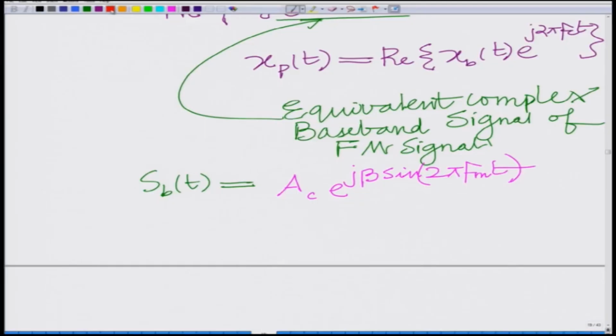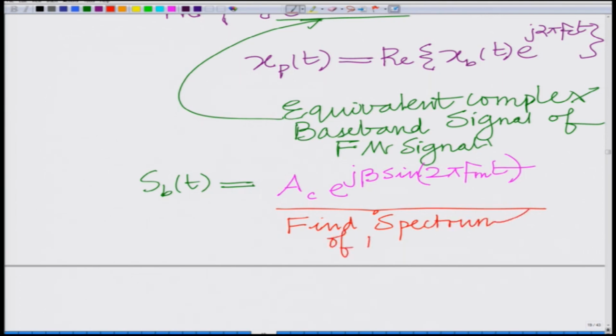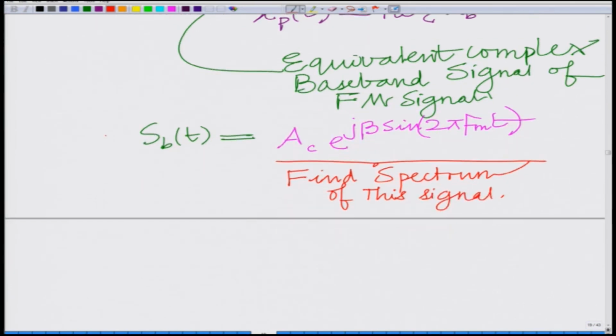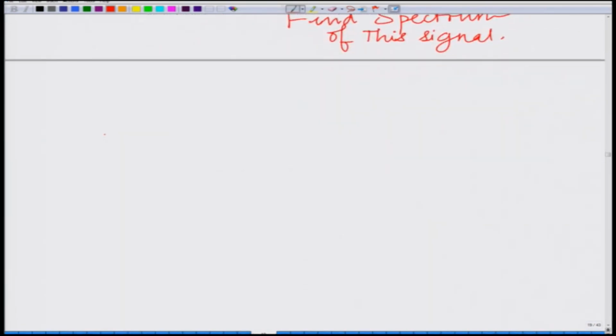We will find the spectrum of this signal, which is A_c e to the power of j beta sin 2 pi f_m t.